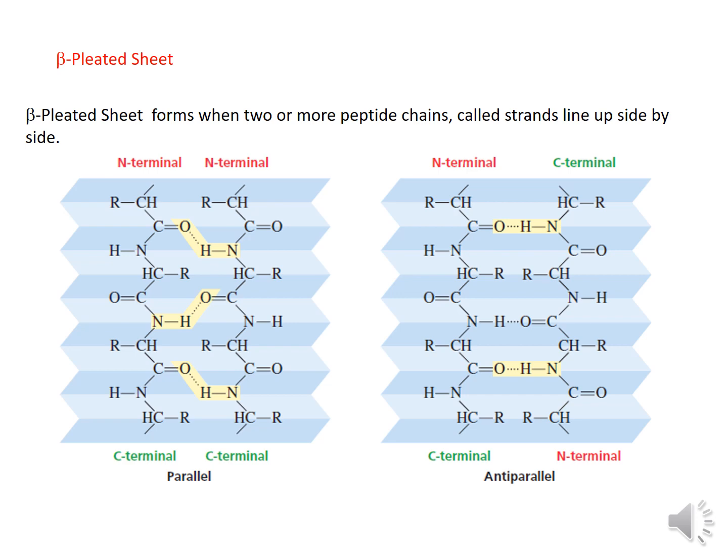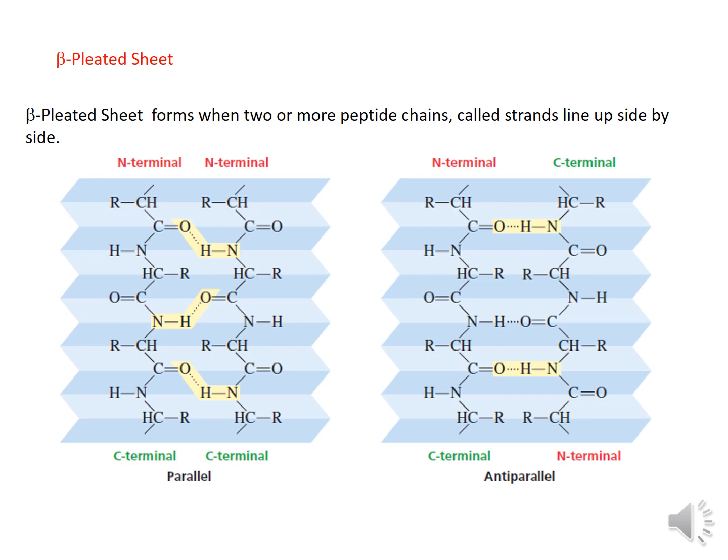In the parallel beta pleated sheet, two strands run parallel. Remember, the N terminal of one peptide chain runs parallel with the N terminal of another peptide chain. Therefore, they are parallel beta pleated sheets.